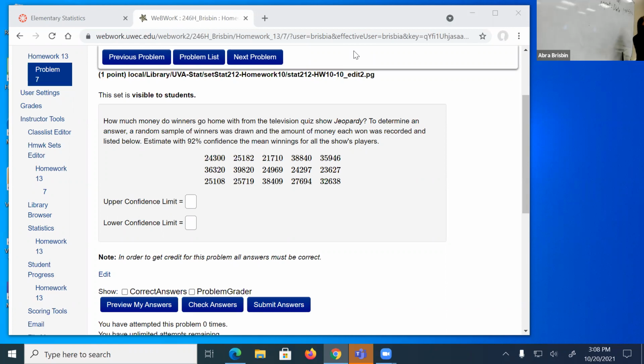And then my version of this problem is asking for a 92% confidence interval. So that's a little bit unusual. So that means that I'm going to want my C level to be 0.92.